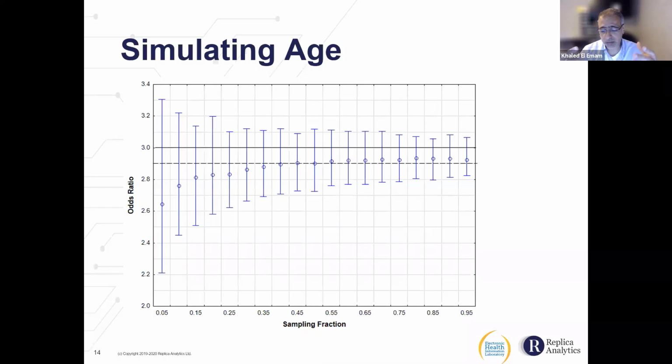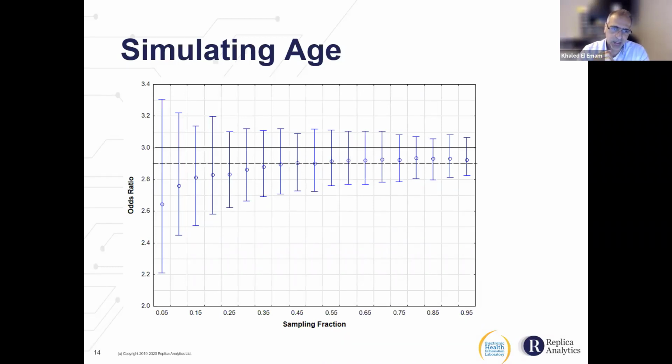So we're essentially mimicking the situation where I only have a small data set. I only have 5% of the full data set, I only have 10% of the full data set, et cetera, all the way up to 95% of the full data set. And I'm using the small data set to create a generative model, and then using the generative model to synthesize or simulate all 32,000 cases.